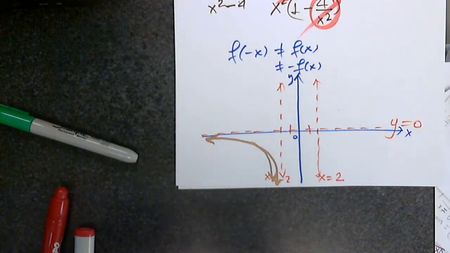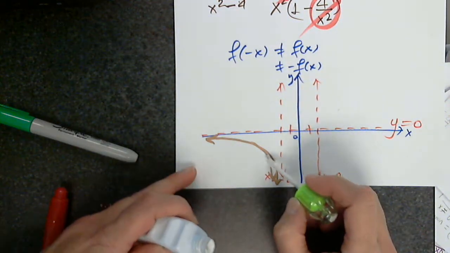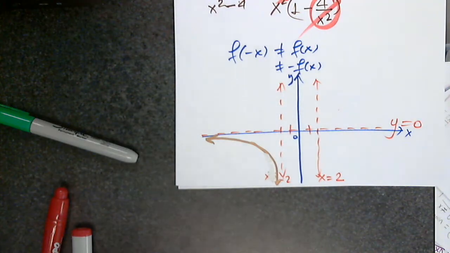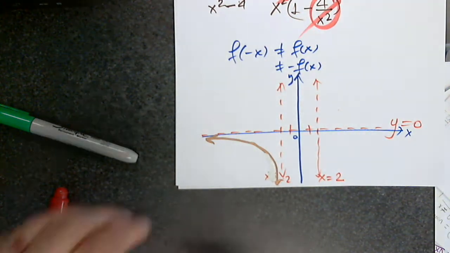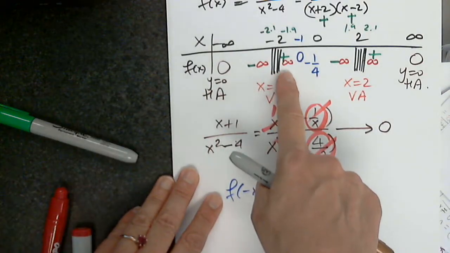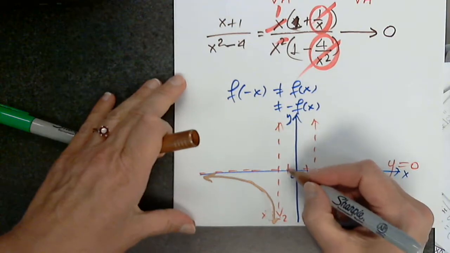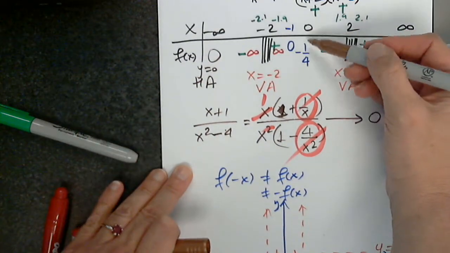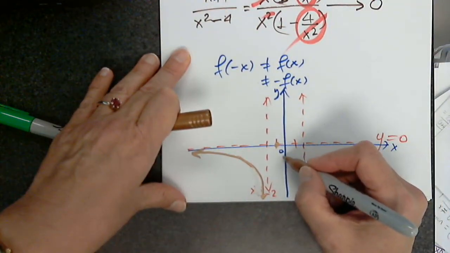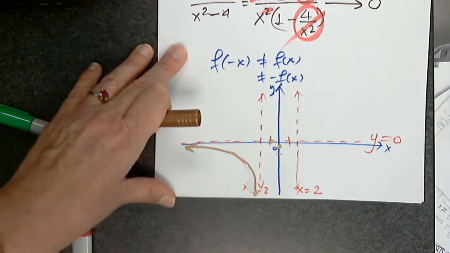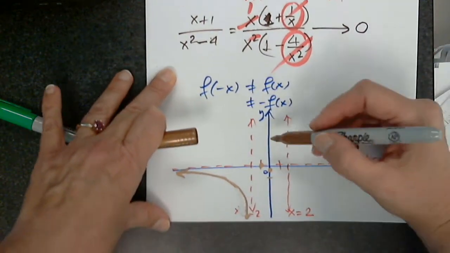Good. Now in the middle, coming from positive infinity, it has to cross at -1, 0, which is here. It has to cross at 0, -1/4, which is here. And then it goes down to negative infinity.